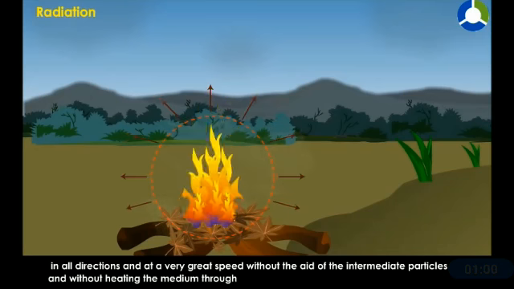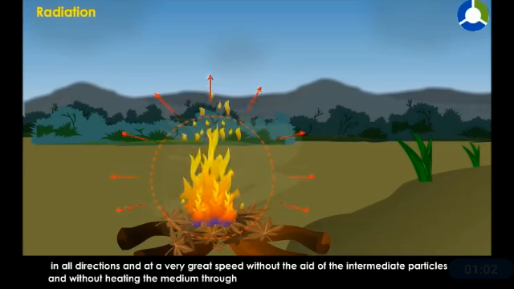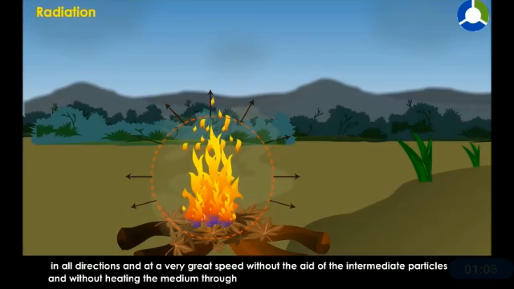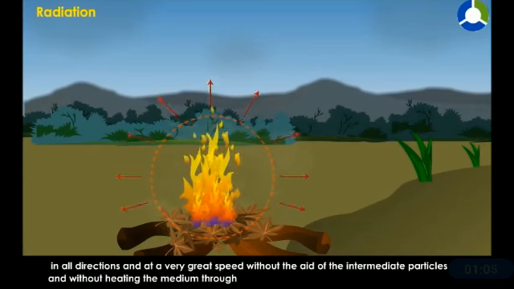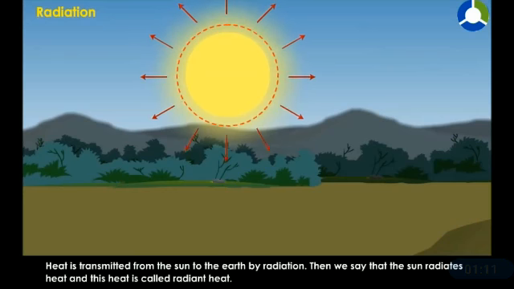Without the aid of the intermediate particles and without heating the medium through which it passes. Heat is transmitted from the sun to the earth by radiation. Then we say that the sun radiates heat, and this heat is called radiant heat.